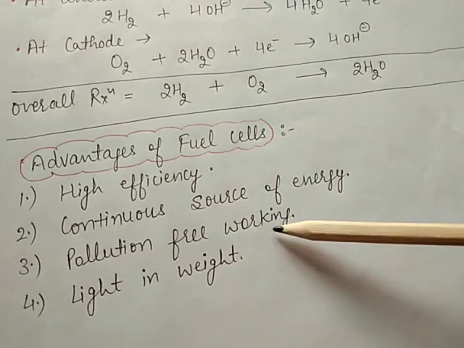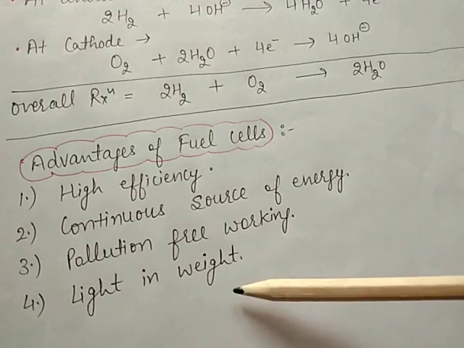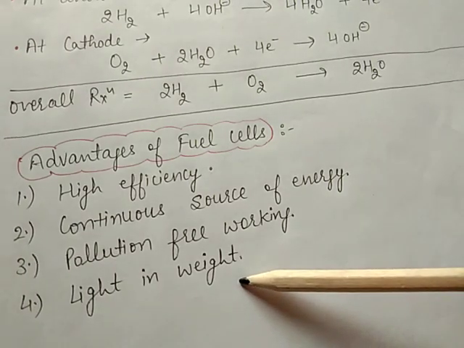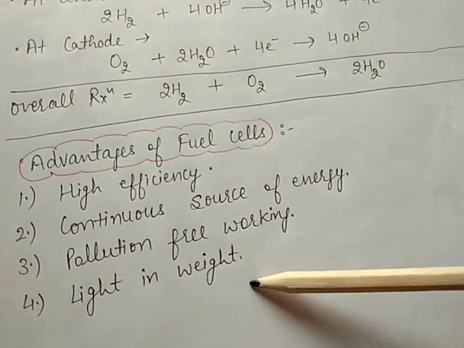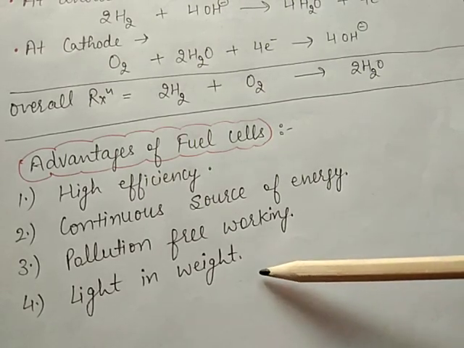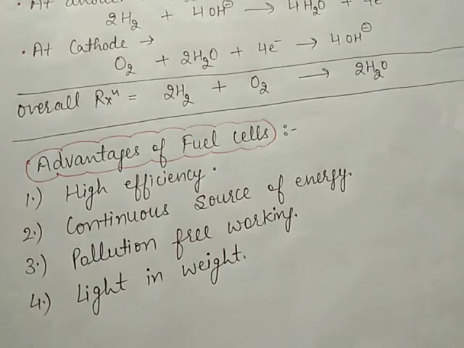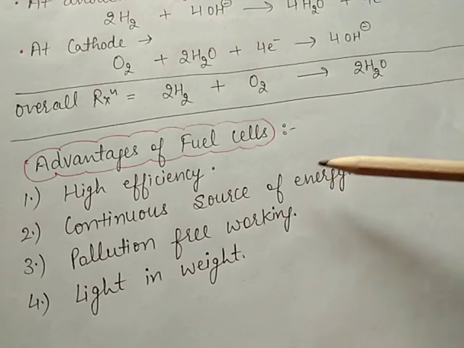There is no objectionable byproduct, so they cannot cause a pollution problem. Fourth, light in weight. These cells are light in weight compared to an electrical generator producing the same quantity of power. So all these are the advantages of a fuel cell.